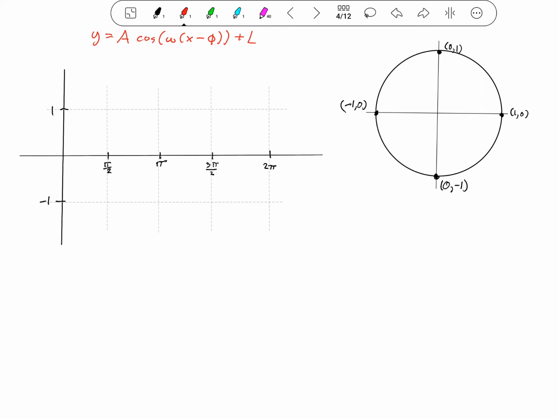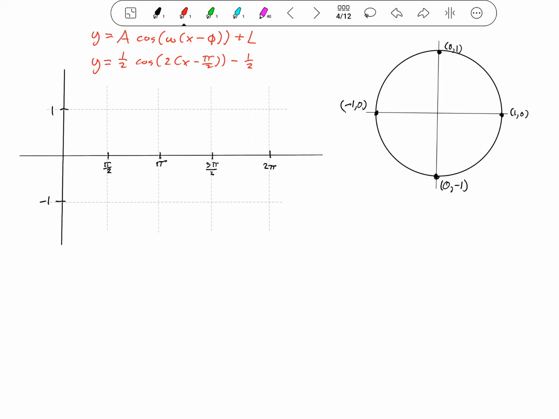So we can stretch and shift both horizontally and vertically. Let's look at a specific example: y equals 1/2 cosine of 2 times x minus pi over 2, minus 1/2.